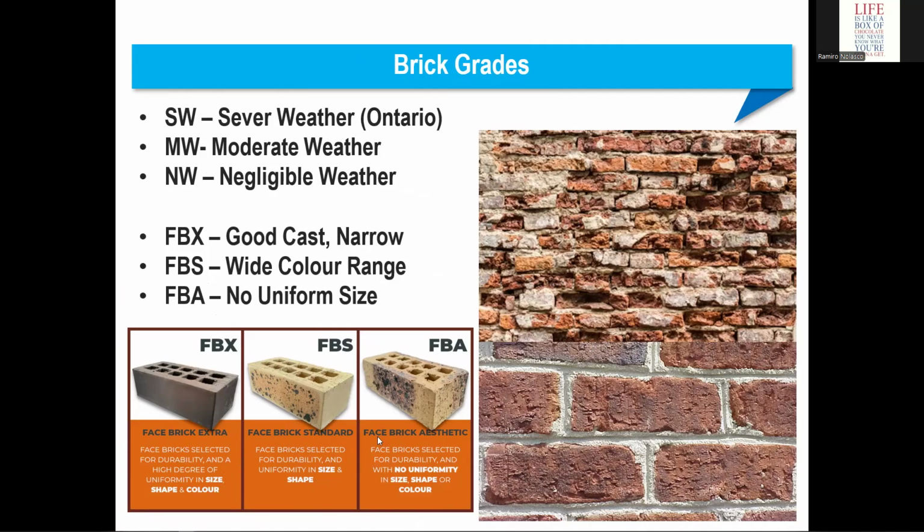And then you have your face brick aesthetic: selected for durability and with no uniformity in size, shape, or color, giving you that added texture, or because of the no uniformity, there's an aesthetic quality derived from that.